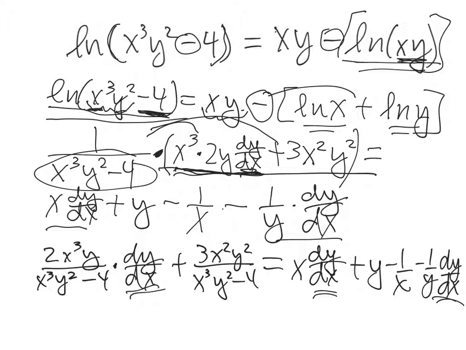There are lots of ways to do this, but let's subtract this and add this, getting our dy by dx over here. We'll have to do that on the next page, I'm afraid.